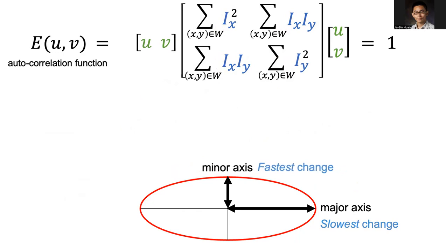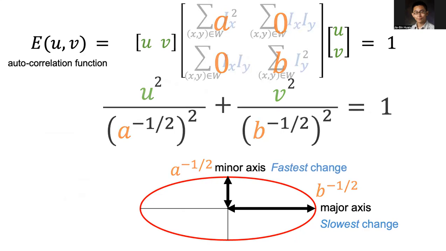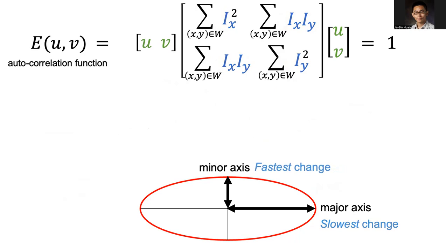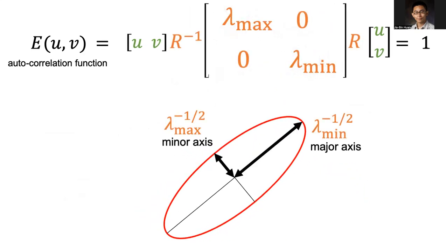Okay, but in general, we have a 2 by 2. We don't have a diagonal matrix. In general we have a full 2 by 2 matrix. So that corresponds to a rotated axis, right? You have a rotated ellipse, right? You still have a certain minor axis and major axis, and those minor and major axes are given by the eigenvalues of that 2 by 2 matrix.